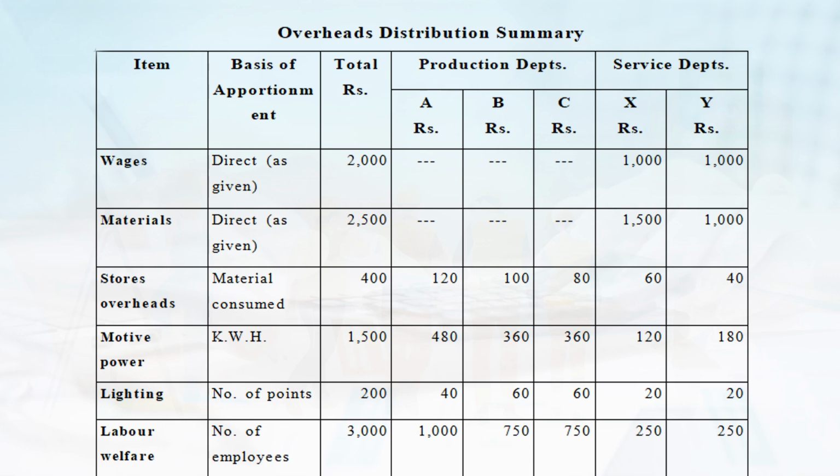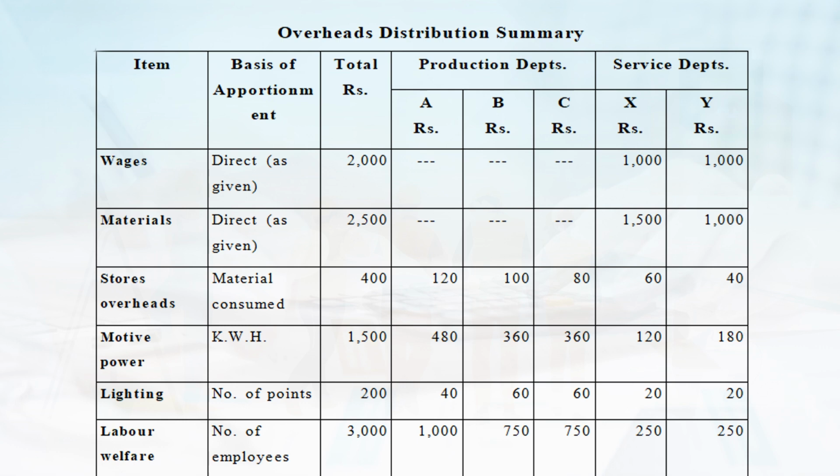Stores overhead, base of apportionment is material consumed, amount given is rupees 400. For production departments A, B and C it comes to rupees 120, 100 and 80 respectively, whereas for service departments X and Y it comes to rupees 60 and 40 respectively.